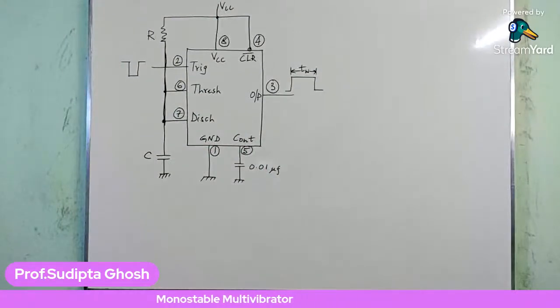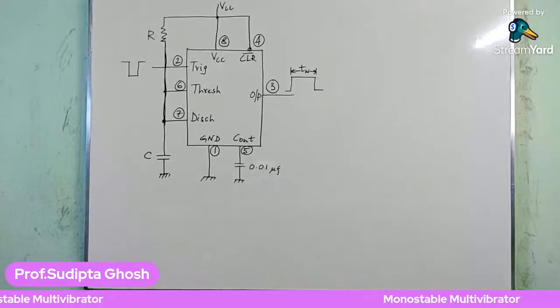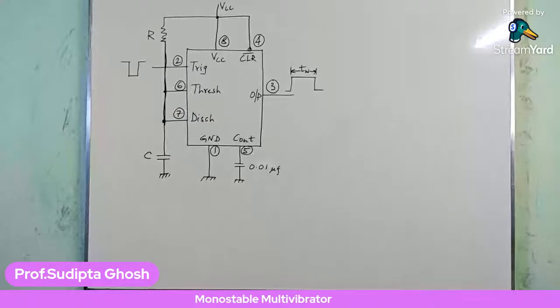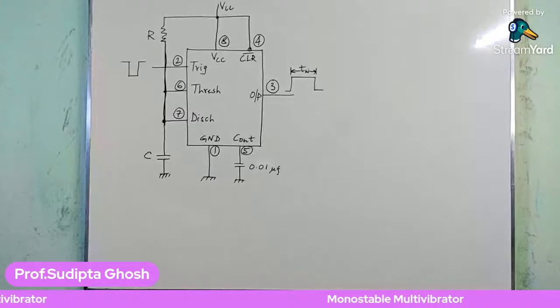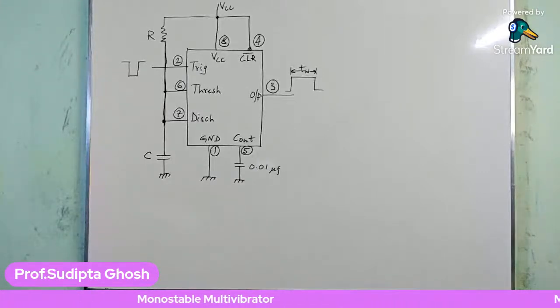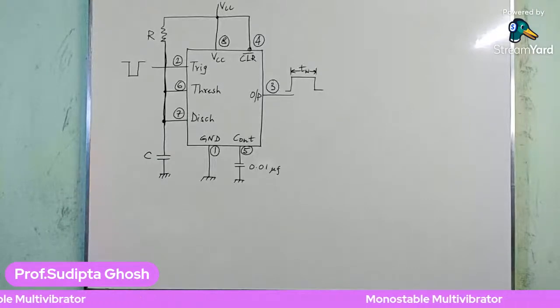So the capacitor now starts to charge again. As I have already discussed, the capacitor C charges through the resistor R towards VCC with a time constant of RC. Okay?